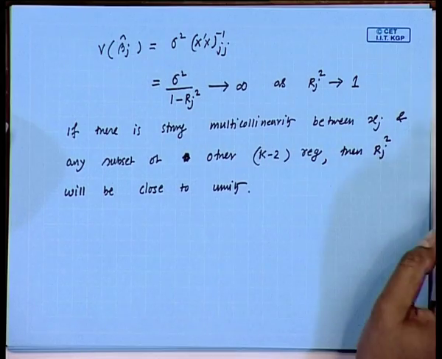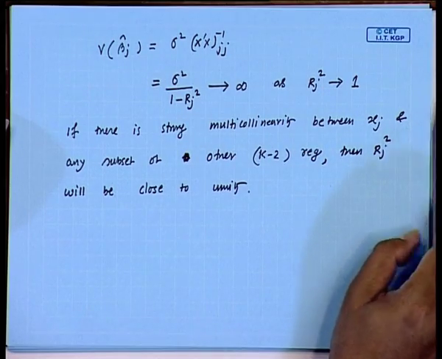So, just today we could manage to talk about only one effect of multicollinearity, that is, only one problem due to multicollinearity: strong multicollinearity results in large variance and covariance of the regression coefficients.